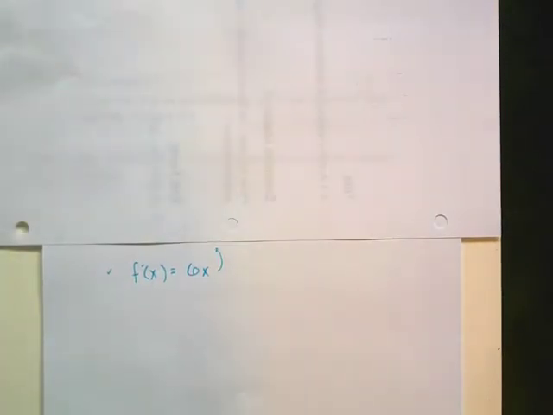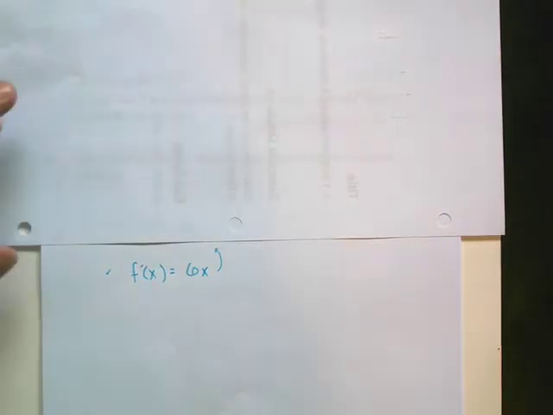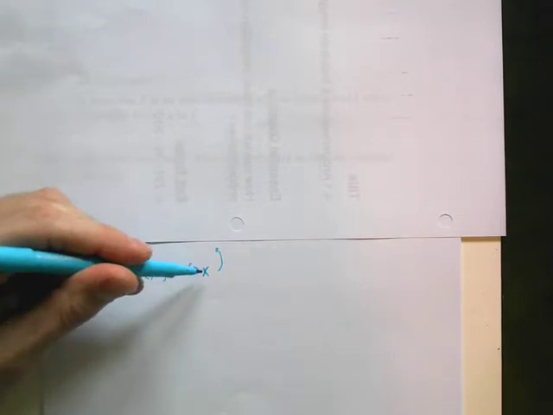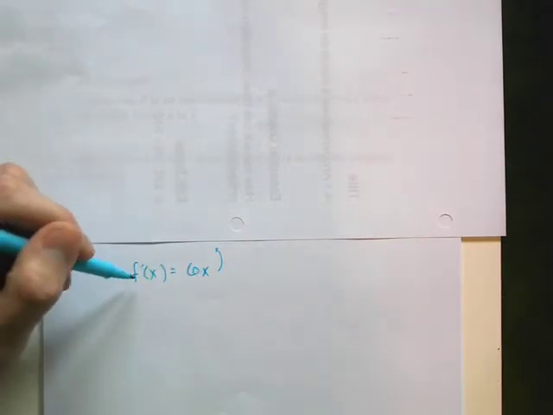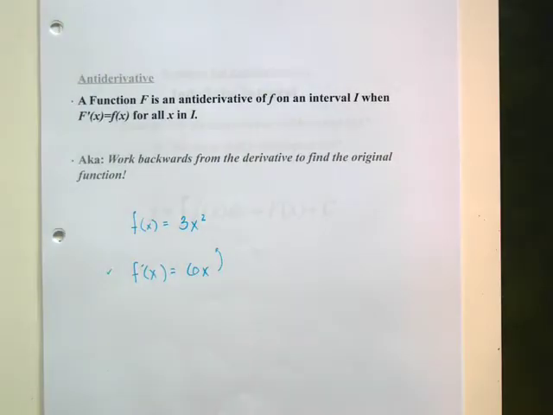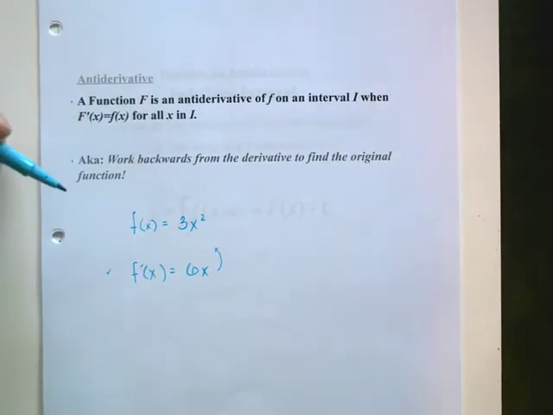We did this a little bit in first try when we looked at graphs, right? We looked at the graph of a derivative and we tried to graph the original function. We're not going to be looking at graphs, it's just more of equations, okay? One of the things that we run into is, so if you start with 6x, and let's say this is a derivative, if we work back to our original function, we could end up with 3x squared, okay?